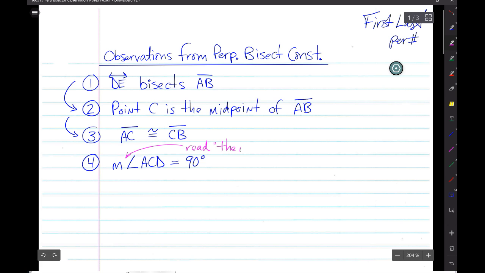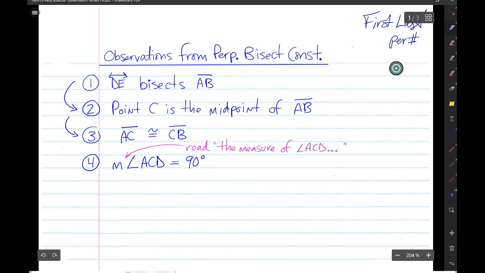The measure of angle ACD. That's how we would say that with the little lowercase m in front of it. It's red. The measure of angle ACD. And so now we're talking about measurements. We're going to use equality signs, and we're going to talk about numbers. So we've got this measure of angle ACD is equal to 90 degrees. Okay? Now that's a separate notation for us.